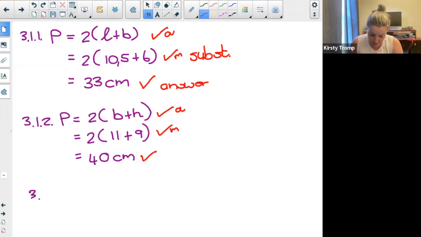3.1.3. All right, 3.1.3. Anyone who's willing to help me out with 3.1.3? All right, I'm going to do it for us very quickly then. So I've got perimeter equals 4 sides, so 4 S's. So perimeter equals 4 times 28, okay?